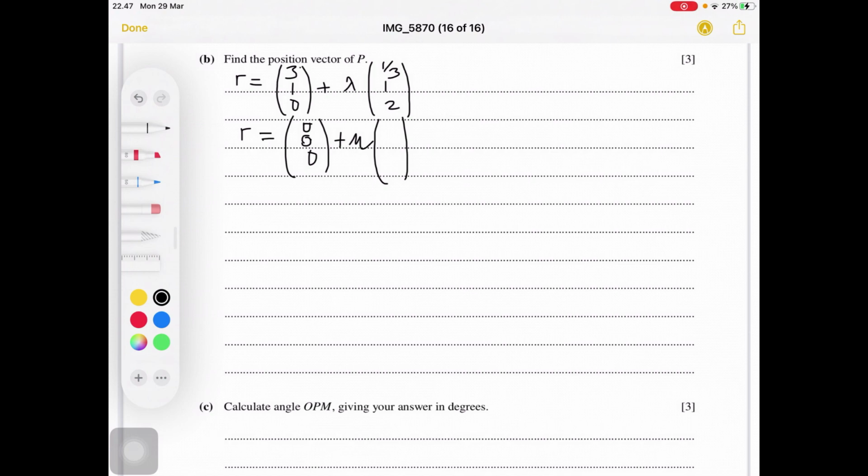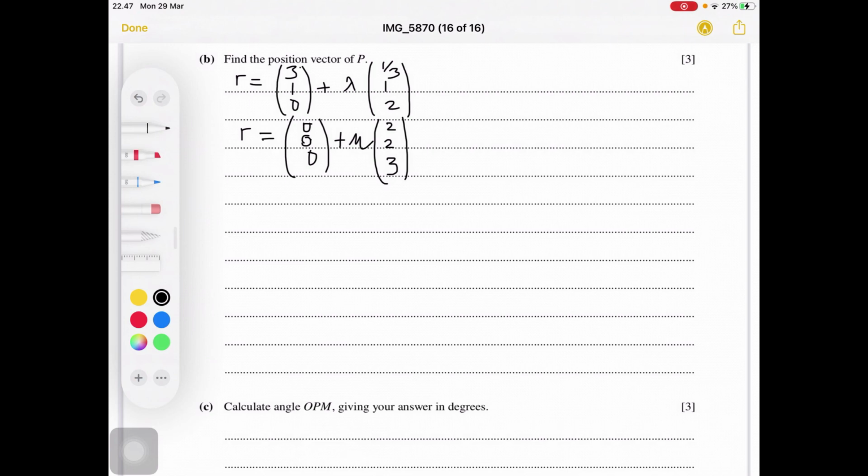Vector OB from the question is (2, 2, 3). And then we can make two equations using the values of x and y, or x and z, or y and z.